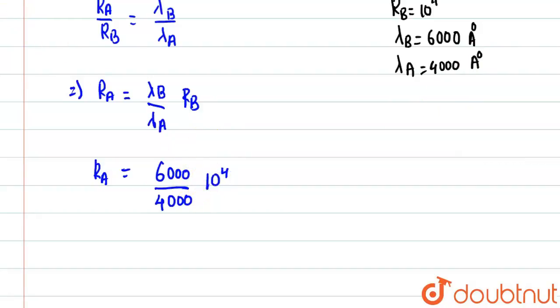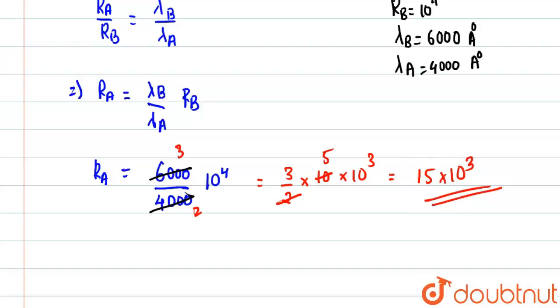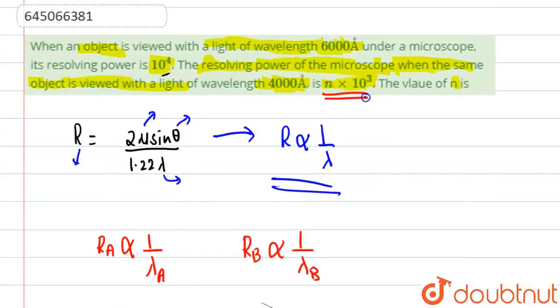The zeros cancel, leaving 3 by 2 into 10 to the power 4, which comes out to be 15 into 10 to the power 3. I wrote it in 10 to the power 3 format because we had to find n. So the value of n will be equal to 15. Got it? So this is our answer.